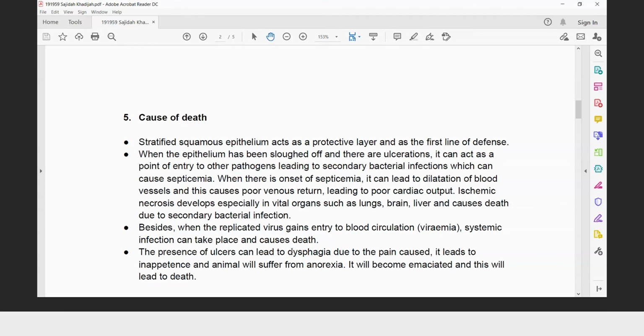Because the animal probably has prolonged inappetence and poor protein supply from the feed materials. Why are they not having that? Because they have dysphagia. Why do they have dysphagia? Because they have severe ulceration of the oral cavity.